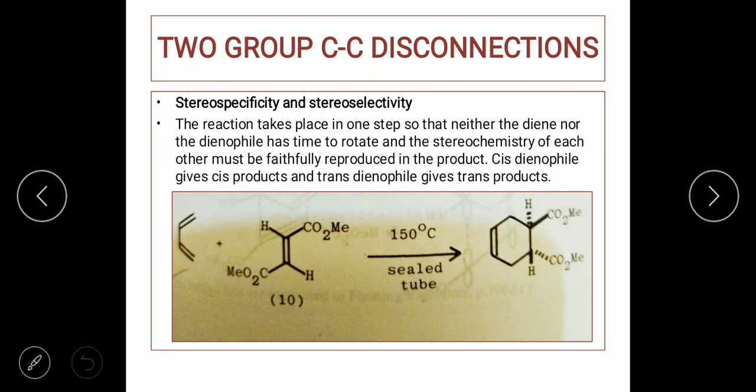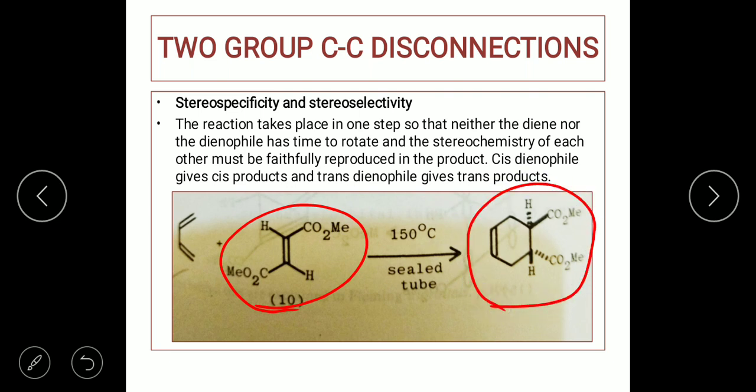So here you can see the dienophile and the product; the dienophile has substituents, which are the electron withdrawing groups. In the product there is no variation in the stereochemistry.